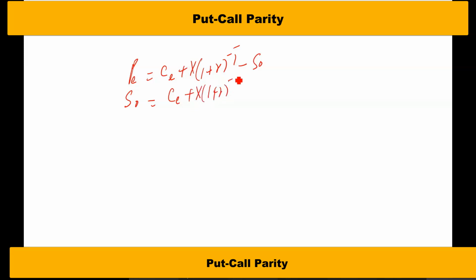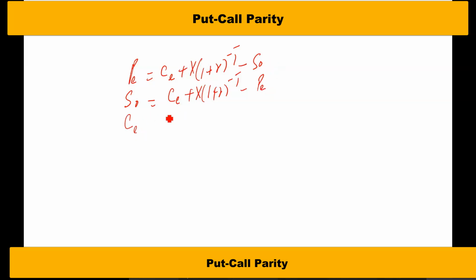let me just write this all again. So we have the put option, which will be equal to the call option plus investing in a risk-free bond and shorting the stock. Then the stock will be equal to buying the call plus investing in the risk-free bond, and then shorting the put option.